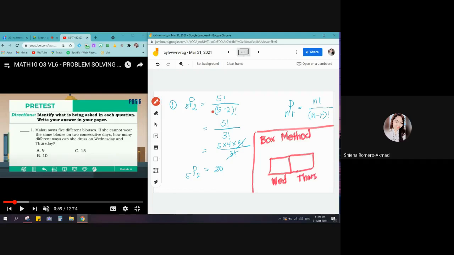Ilan ba yung choices niya sa una? Sa unang araw, meron siyang 5 choices. At dahil hindi niya na pwedeng suotin yung nasuot na niya, the next day, 4 na lang yung choices niya. If you get the product of this, 5 dito, dito 4, the product is 20. So, pwedeng box method or simply using the formula.